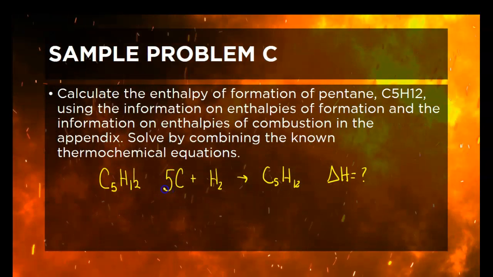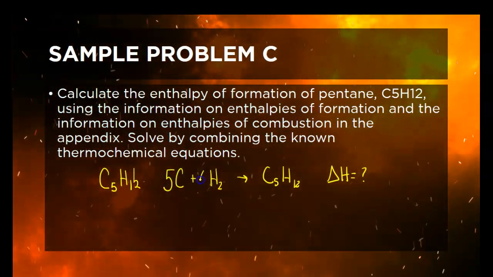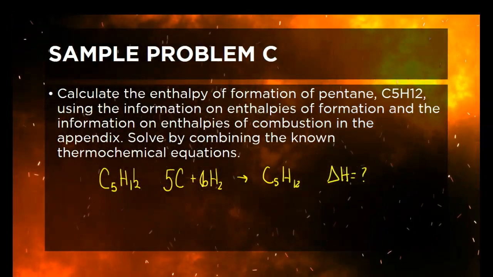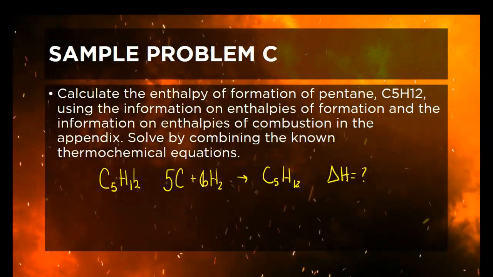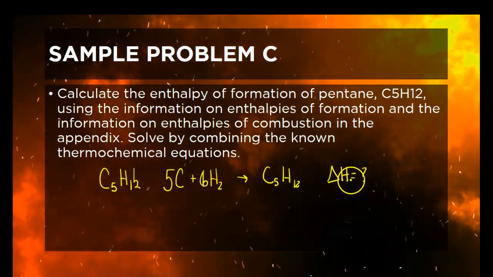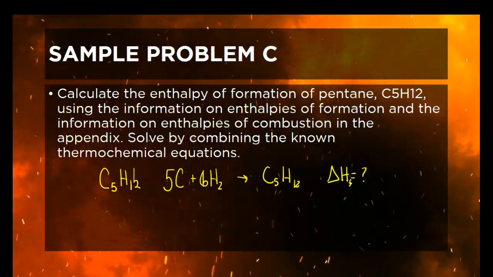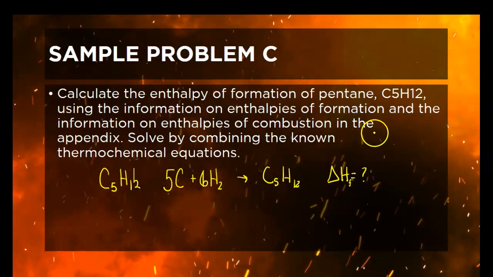I can balance this. I have 5 C's, I have 12 H's, so I'll make that 6 H2. So this is my formation equation. I don't know directly what that is, but we can look at enthalpies of formation and enthalpies of combustion in order to figure that out.